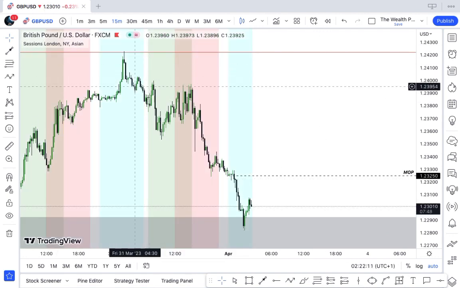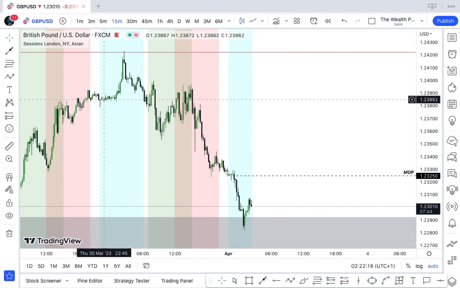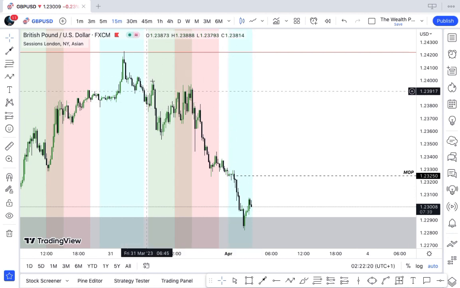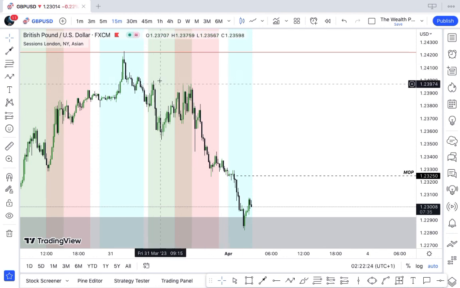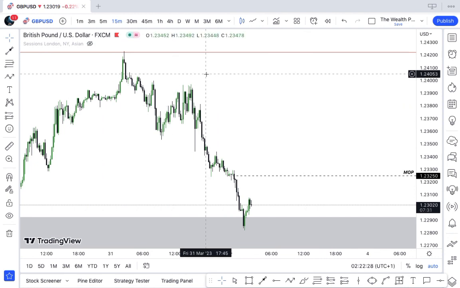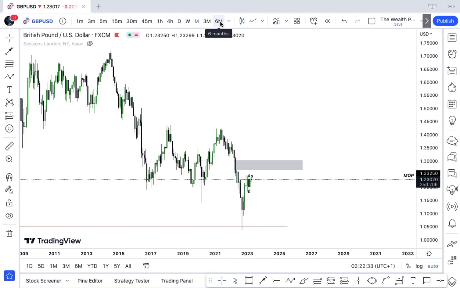So for now, we are in the Asian session here in Nigeria, and we don't look at trading during the Asian session. So these are our probable trading times, of which for me it's the London session here.